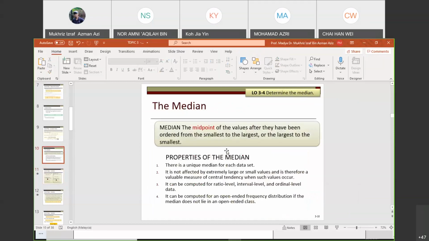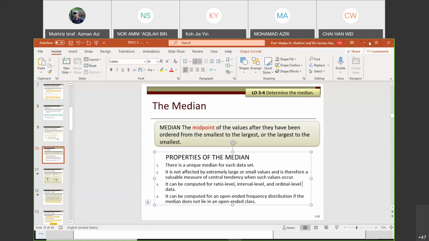Again, if you compare the median versus the mean, the median is not affected because you don't add anything. So even though in the classroom there is one student from Japan that weighs 200 kilograms and used to play sumo, that student will not affect the median value.